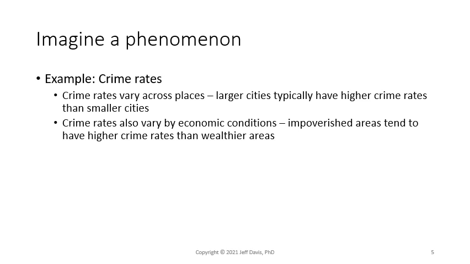All right. And then the other two conditions, rather. Okay. Crime rates vary across economic conditions. So impoverished areas, we typically think those have much higher crime rates, right? We typically associate poverty with much higher rates of crime. All right. We typically associate wealth with much lower rates of crime.